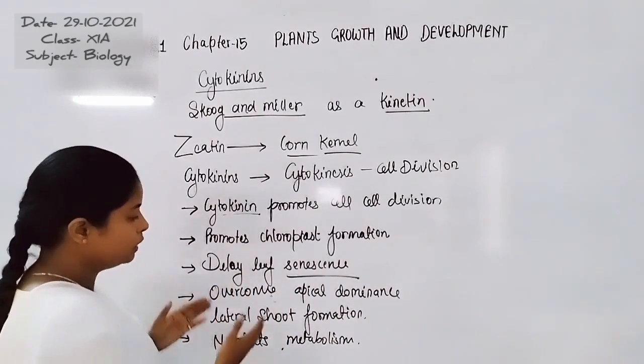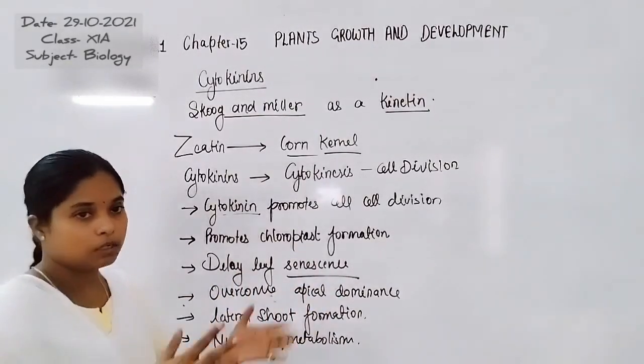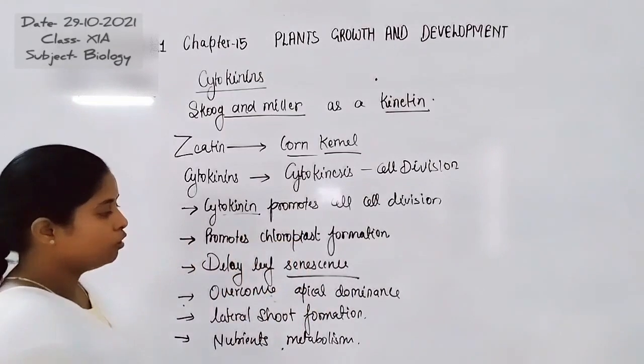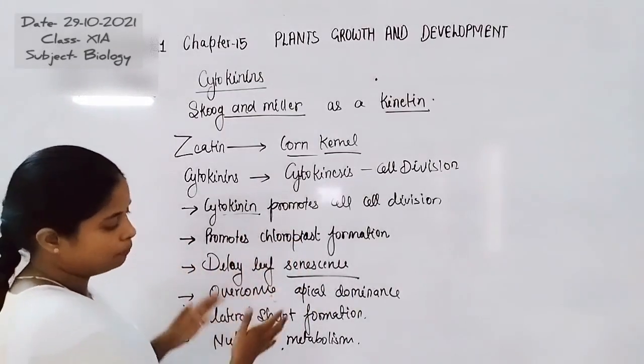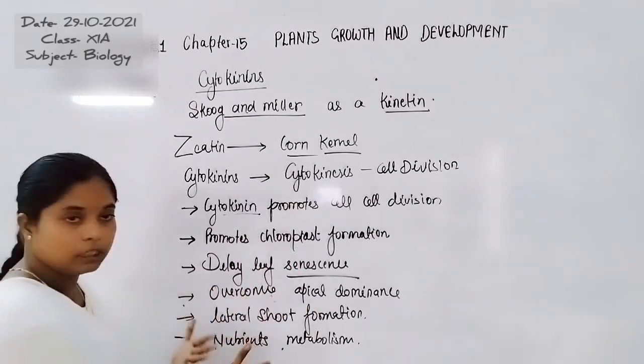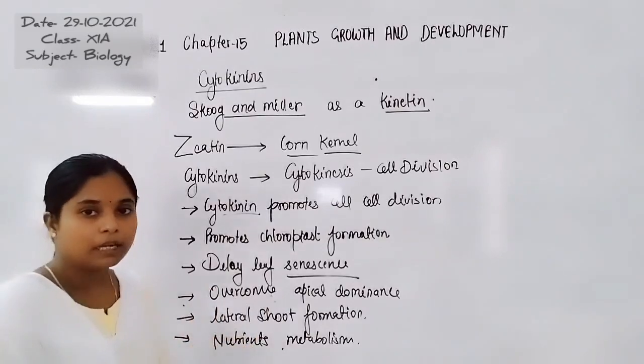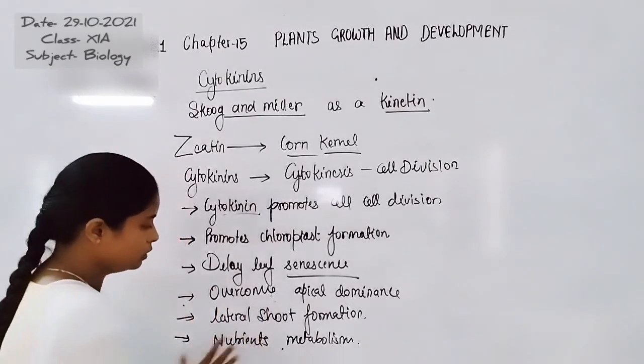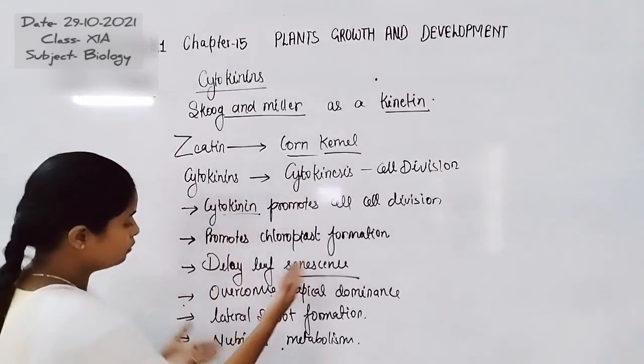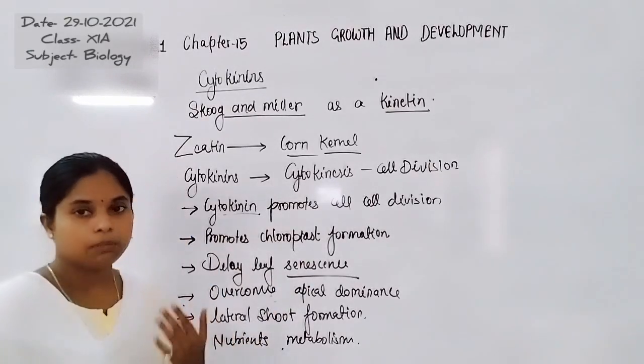That's why they promote shoot formation, lateral shoot formation. So overall, they promote the growth and development of the plant. Hence, they also need nutrients for the growth and development of the plant. So a function of cytokinin is also nutrient metabolism.